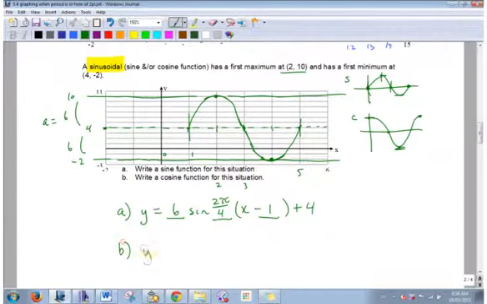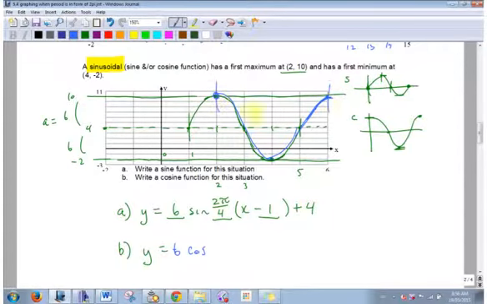What's the cosine function? I want to go from here to there. So does the amplitude change? Does the period change?